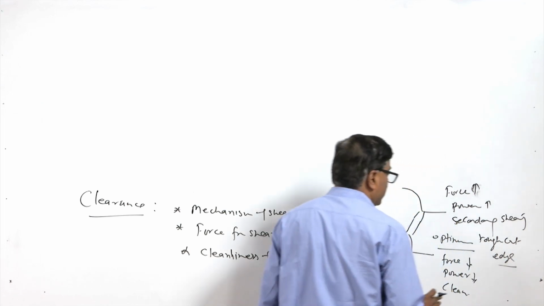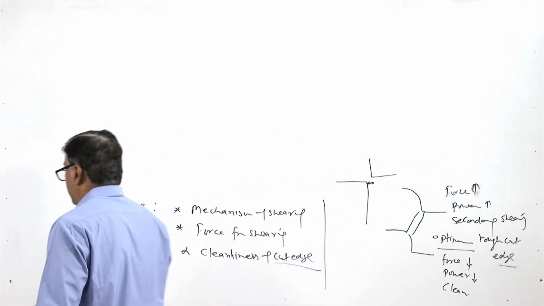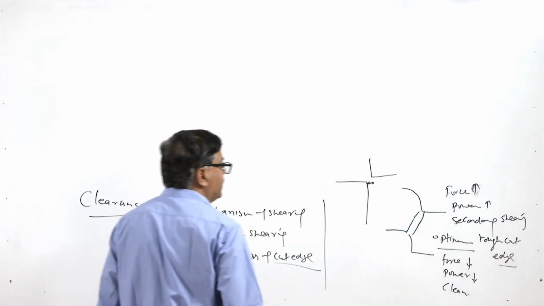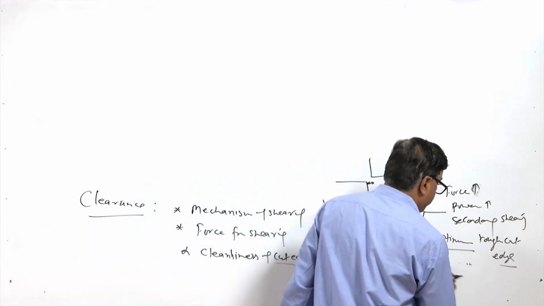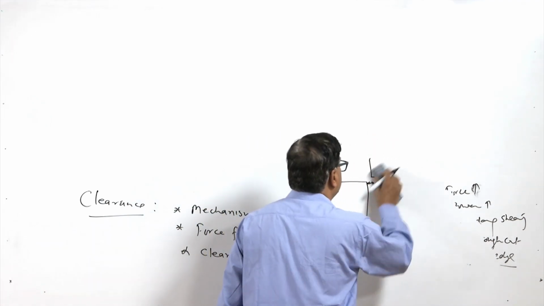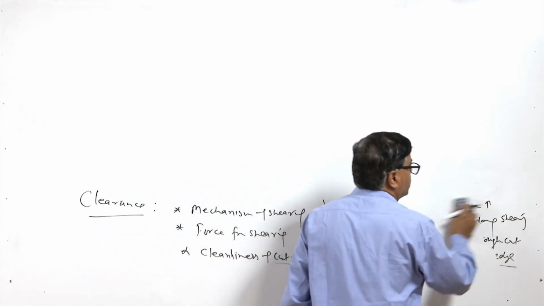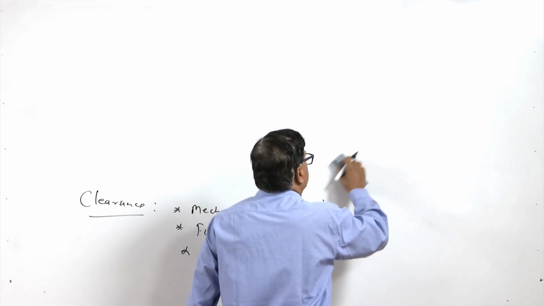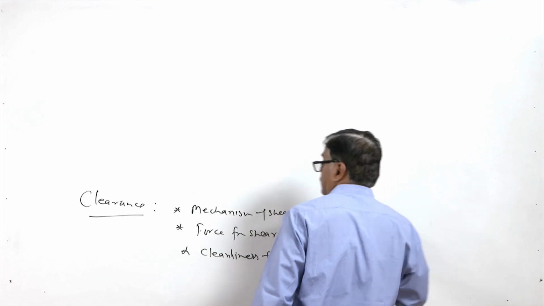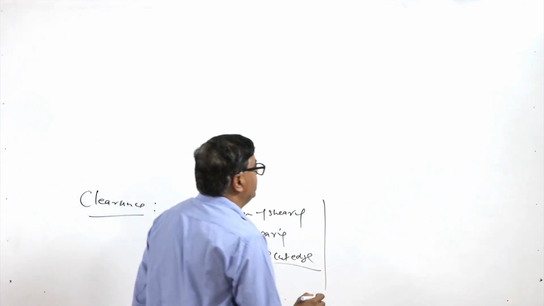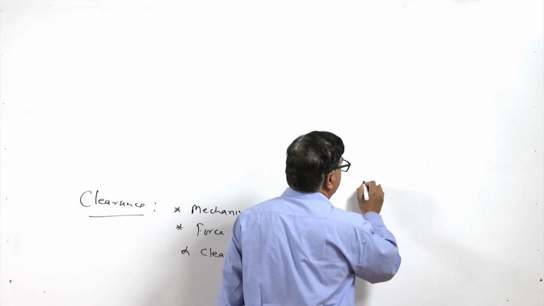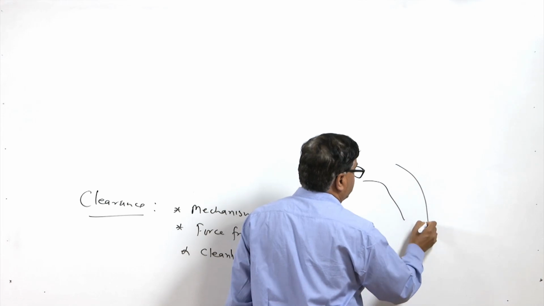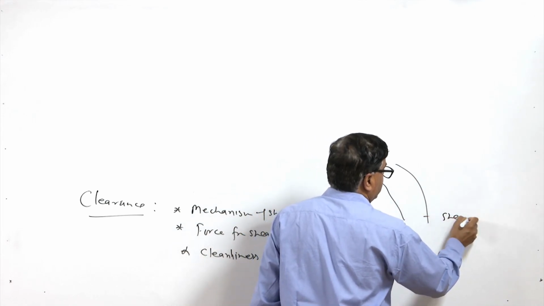So, the rough cut edges are produced when the clearance is less than the optimum one, and when the gap is too close, it will also lead to the secondary shearing and a very rough kind of cut edge; even there may not be shearing.